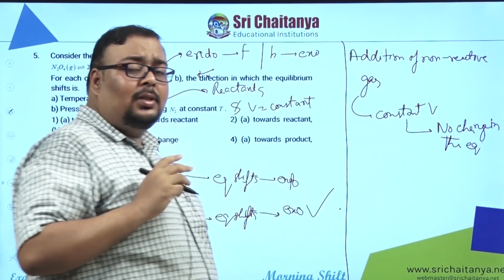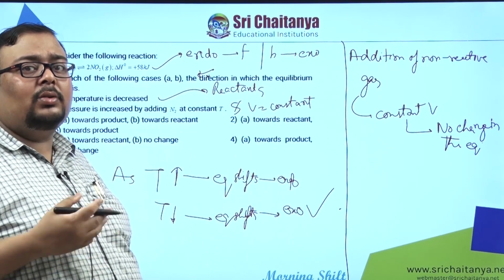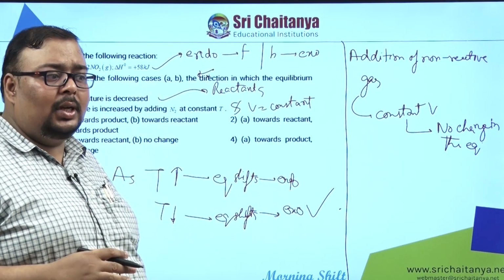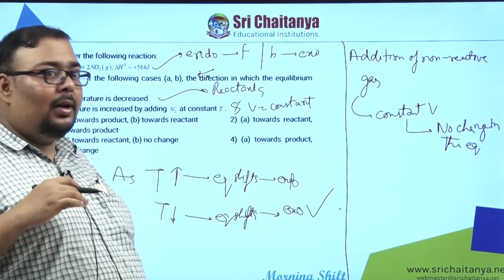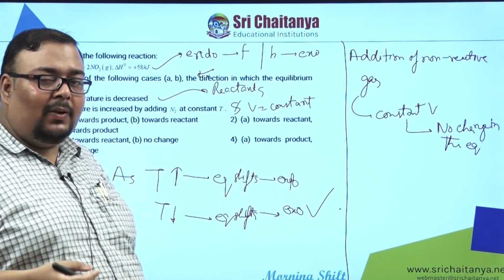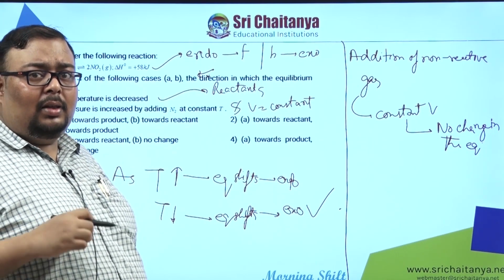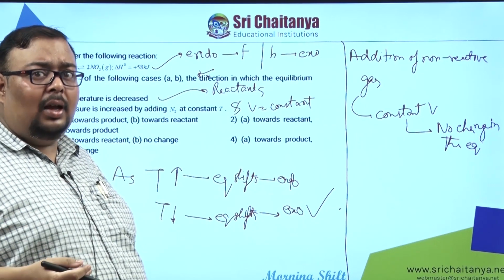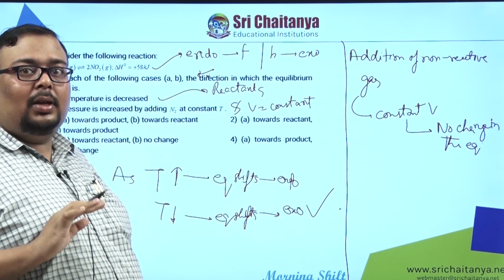Why? Because since the volume is constant, the concentrations of the reactants and products are also constant. So there is no change in the equilibrium in this case. If it was given that the non-reactive gas is added at constant pressure, then there would be a change in the equilibrium. Okay. But here, since the volume is constant, there will be no change.